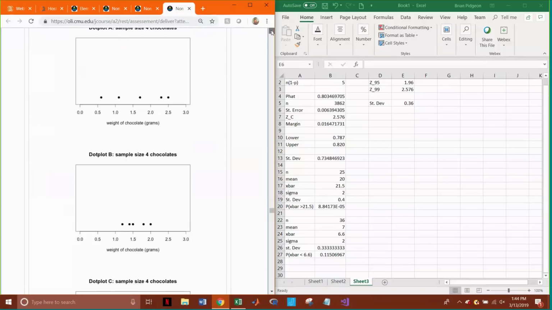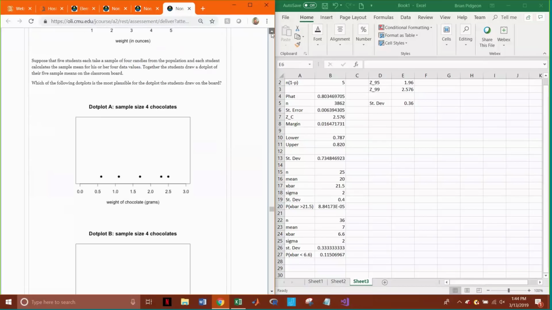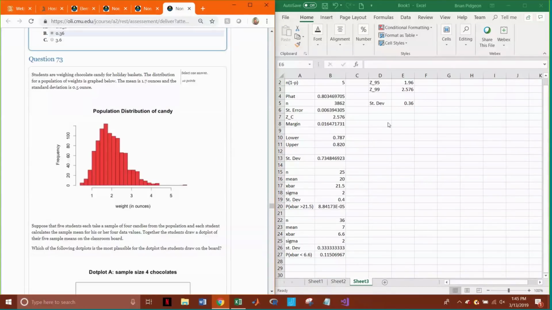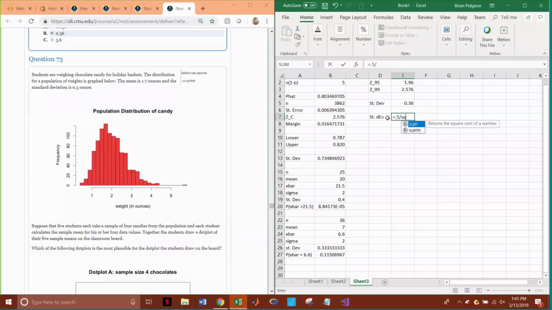So what we're going to do is look at the sampling distribution standard deviation. We know that the standard deviation of the distribution of the candies is 0.5, and divide that by the square root of the sample size, 5. Is that 5? Oh, 4, I'm sorry. They randomly sampled 4, not 5.